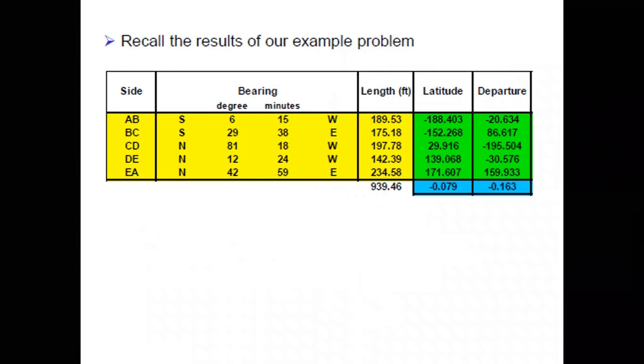We compute the latitude and departure as well as the perimeter, and the summation of the total error in the latitude and the error in the departure. Our aim here is to make it zero. Since it's negative, we need to add the error for each line segment for the departure and latitude.